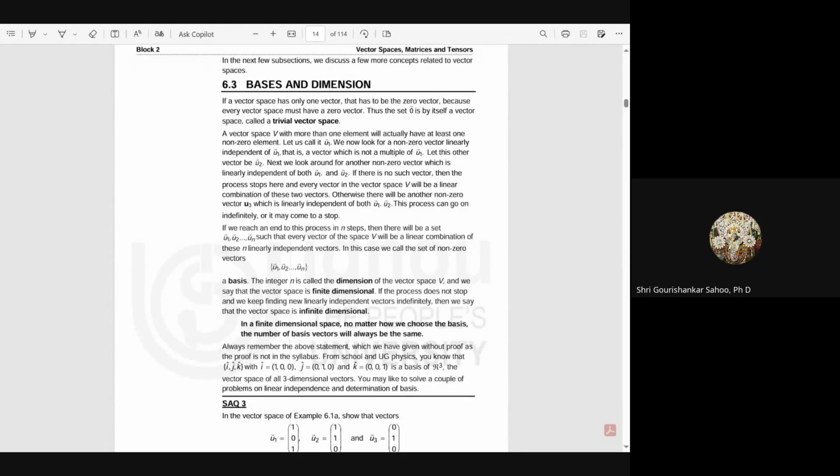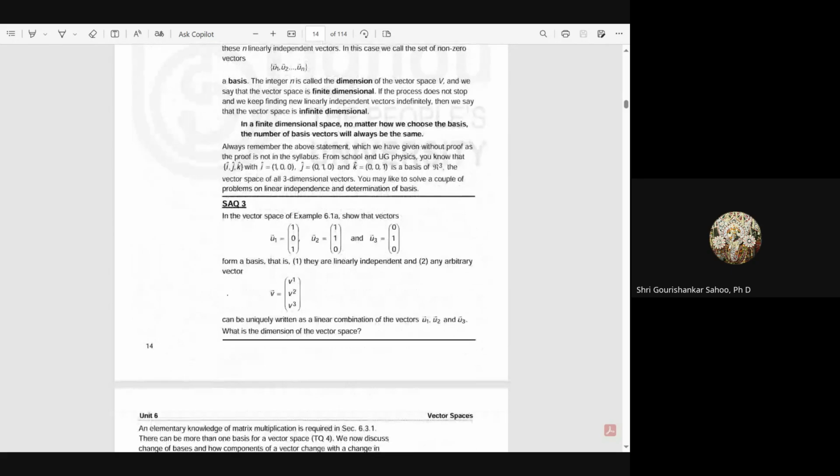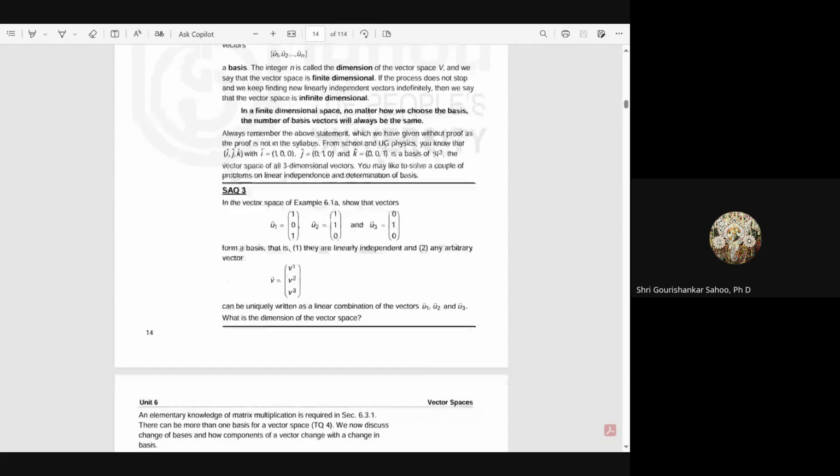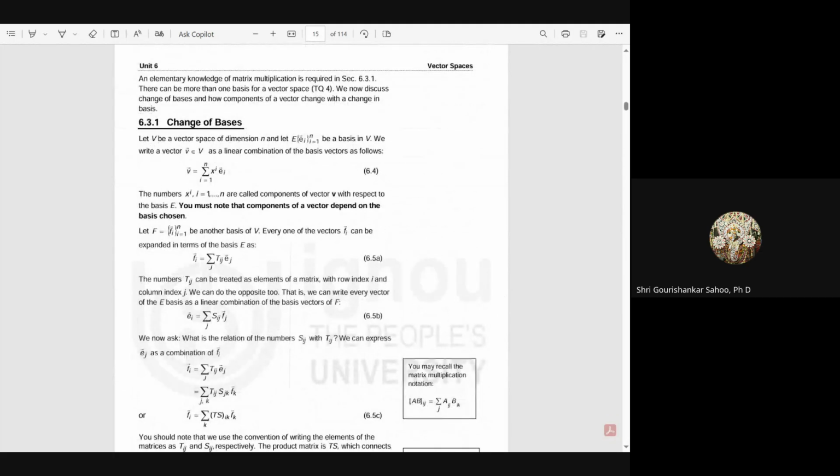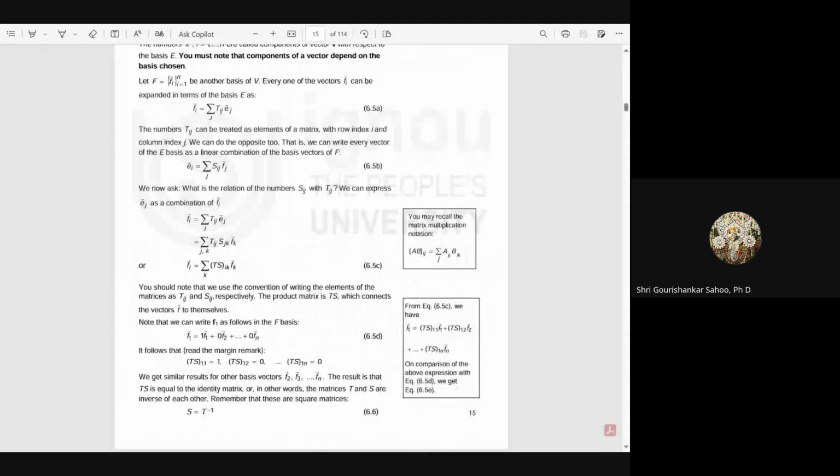And if the process does not stop, it has infinite dimension. In a finite dimensional space, no matter how we choose the basis, the number of basis vectors will always be the same. Then you can change the basis by using the component vector and the basis chosen thereof.